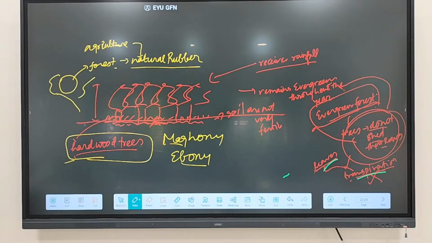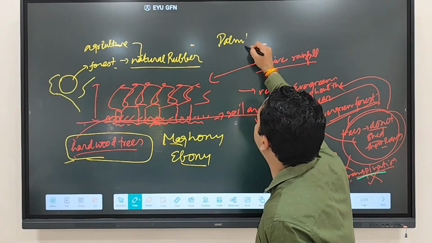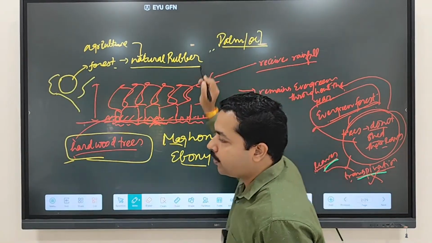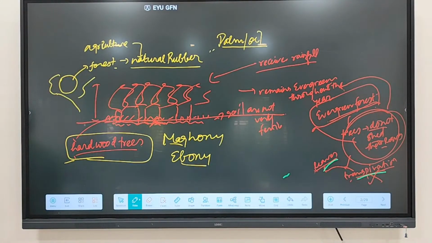Now, in case of Malaysia and Indonesia, you'll see palm oil is being cultivated. So there the trees are being cut, and palm oil is being cultivated. Fine.